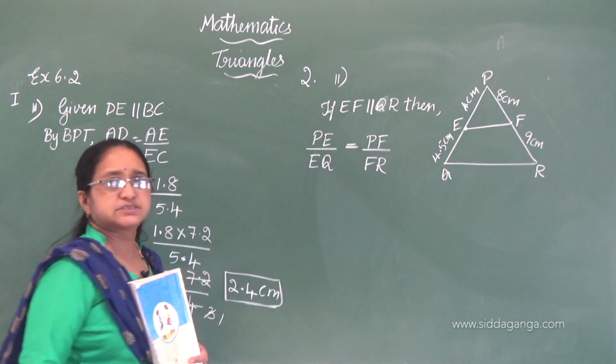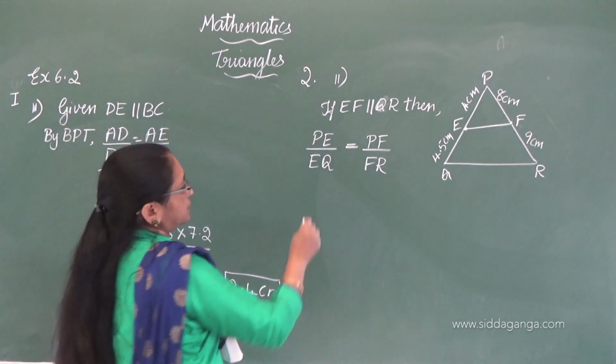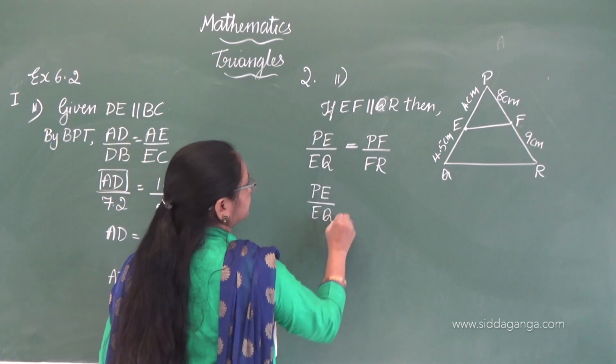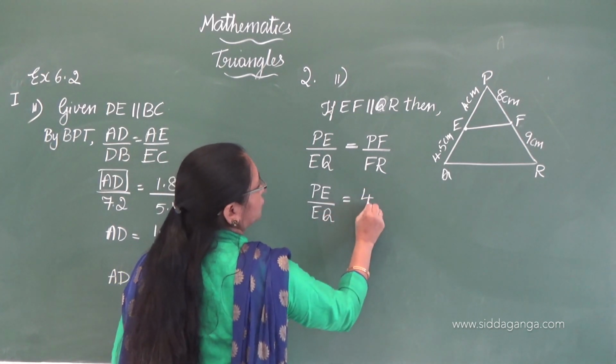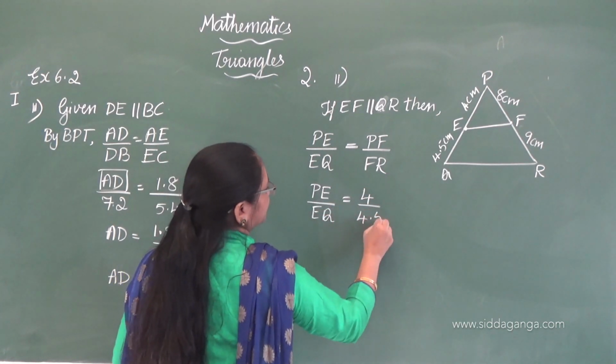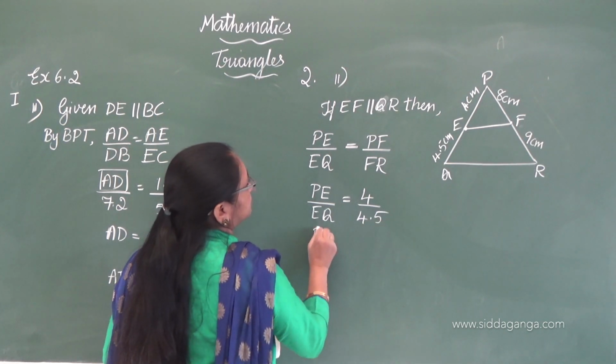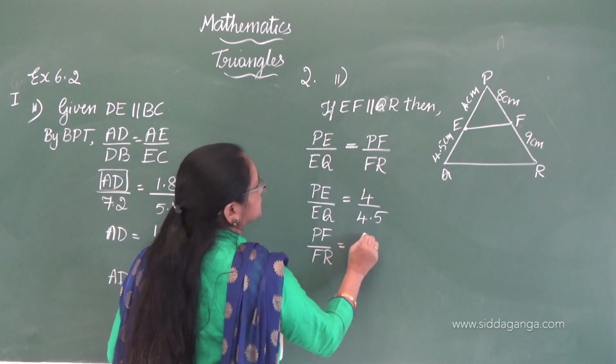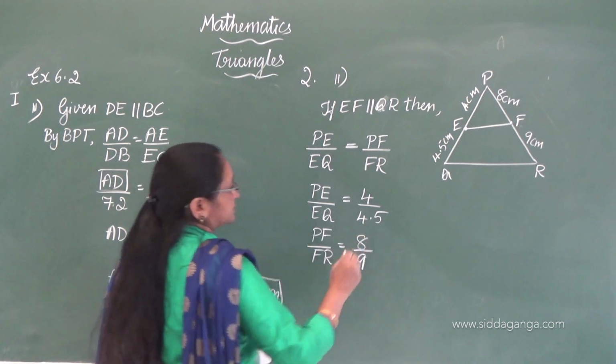Yes? Is it correct? Okay. Now let us find out PE by EQ. How much? It is 4 by 4.5. PF by FR is 8 by 9.